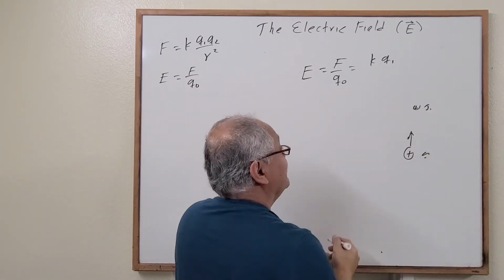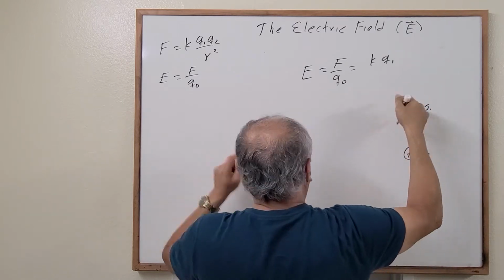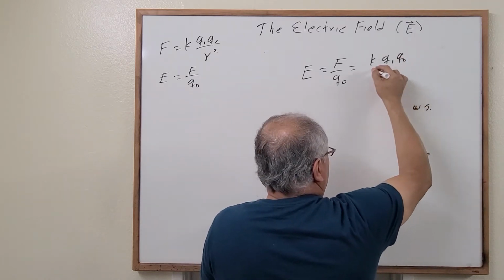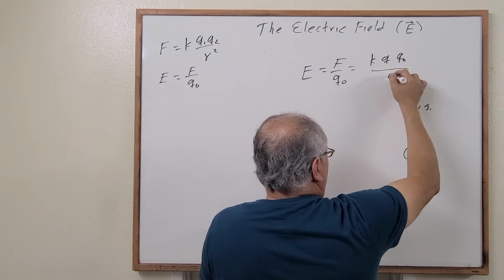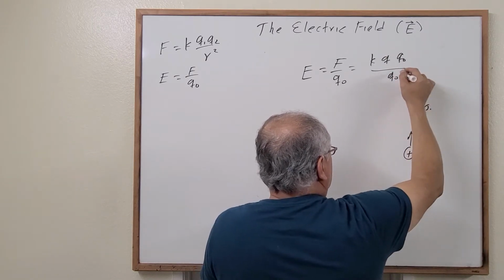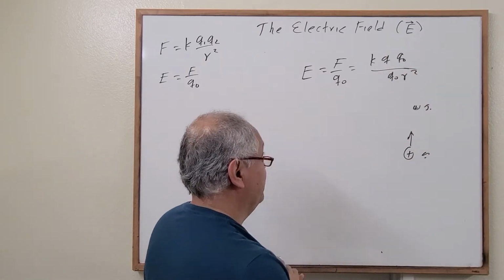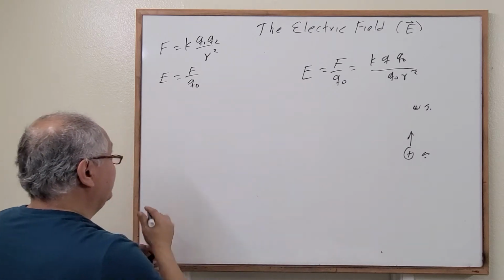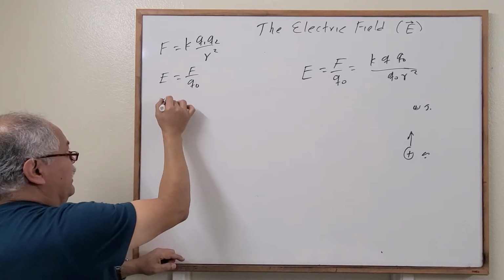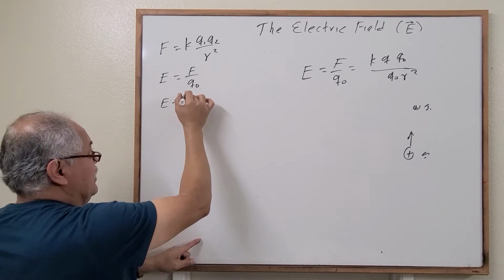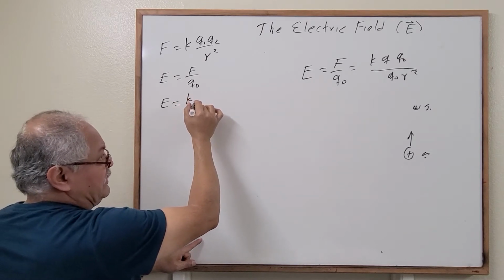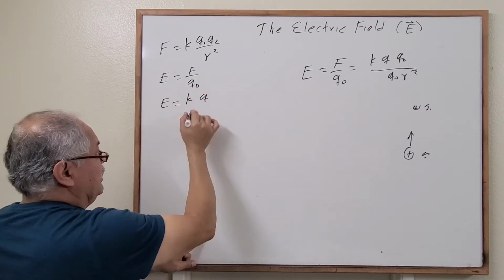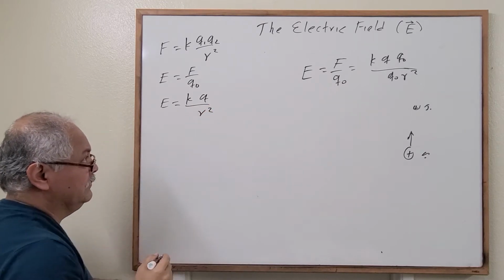And we have the force. It's going to be K Q over Q naught times R squared. So what should then be the electric field using Coulomb's law? Well, the electric field is equal to K, right? What else? Charge divided by R squared.